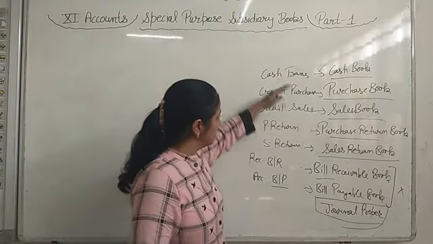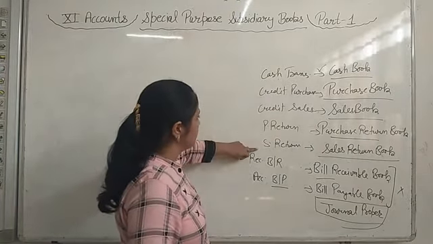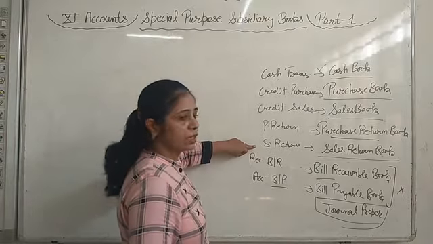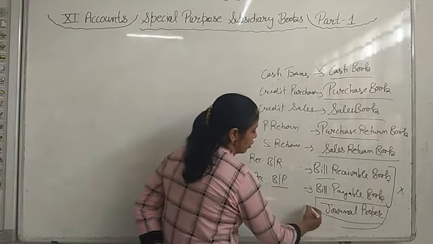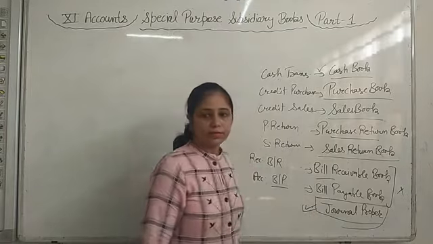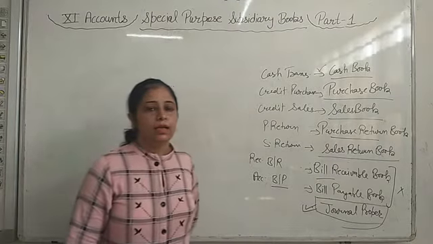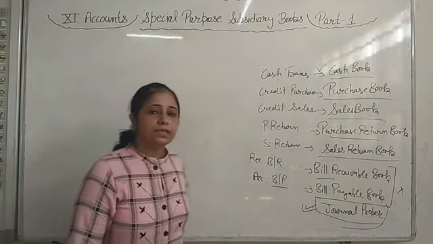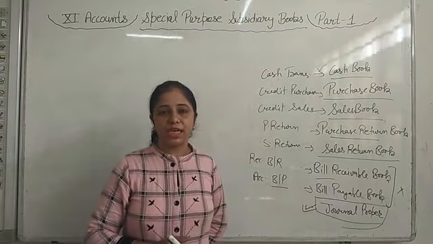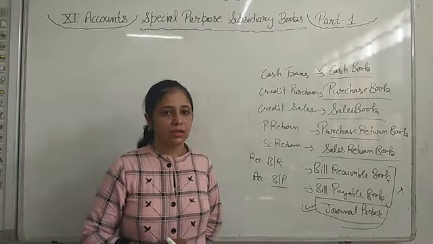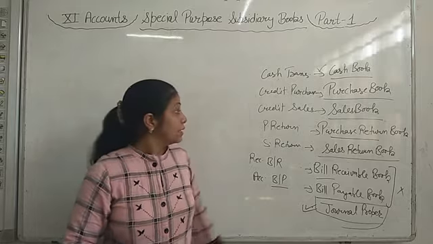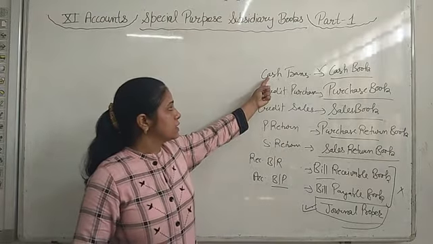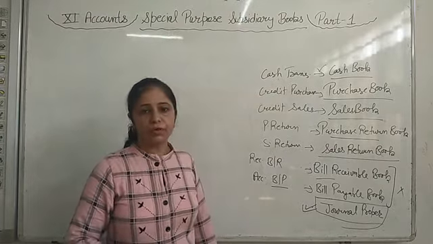Any transaction other than these, we will record in the journal proper. For example, if business has purchased any asset on cash, then we will record this transaction in the cash book.